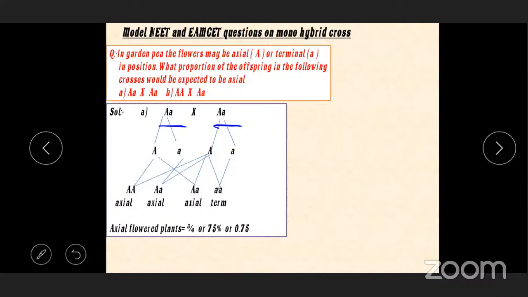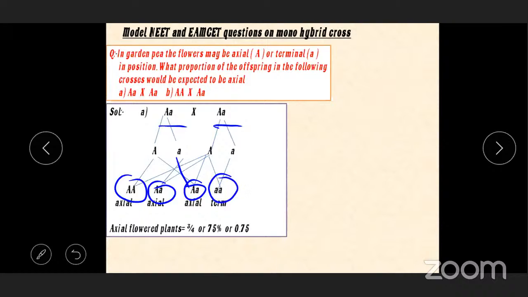First one, capital A, which will produce capital A. Second one, capital A small a. Third one, capital A small a. And the last one, small a, small a.